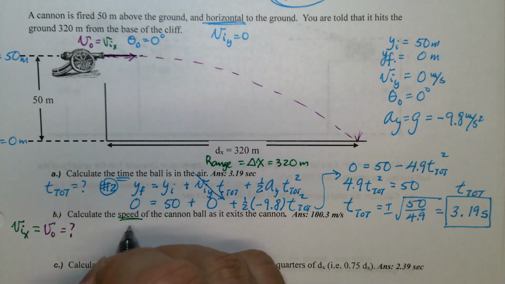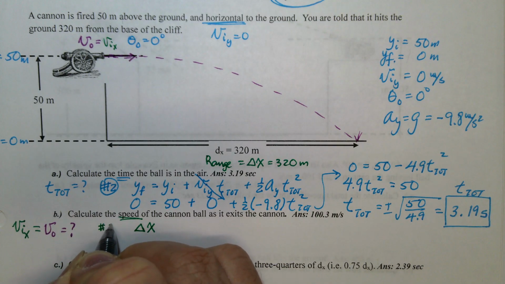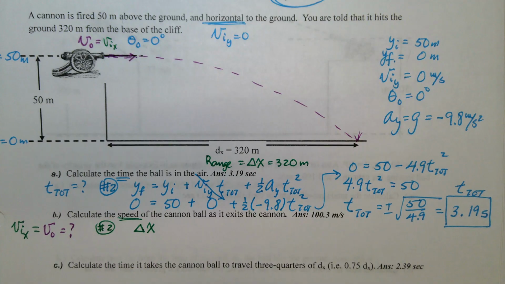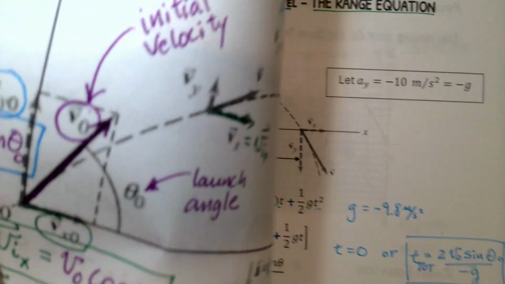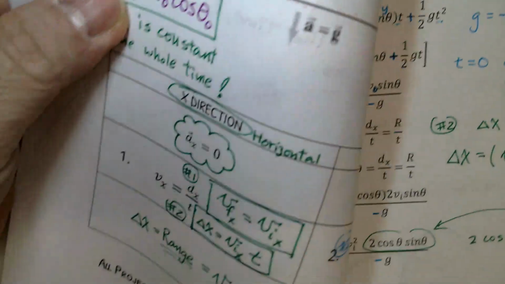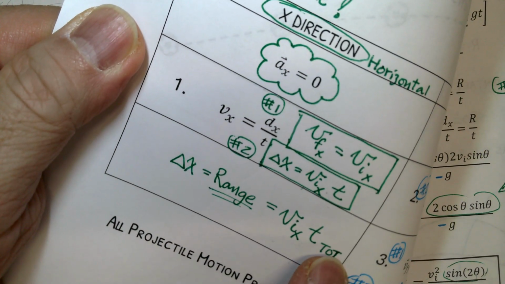To do that, we can say, well, delta X, again, using equation number 2 in the X direction, my delta X is equal to, we already said earlier, right here, that delta X, which is the range, is equal to VIX times T total, right?